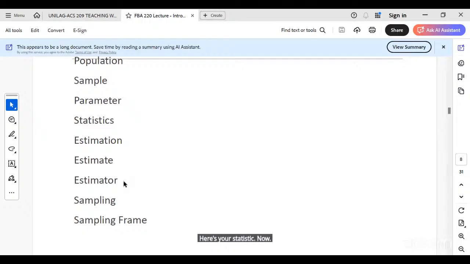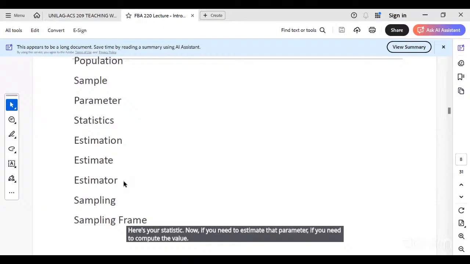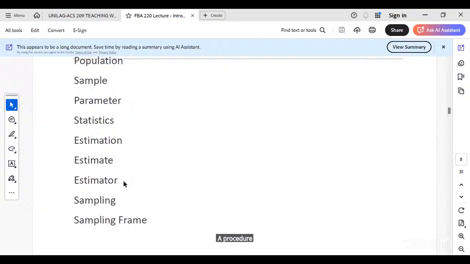Now, if you need to estimate that parameter, if you need to compute the value, the procedure that you go through in collecting data, analyzing it, putting it together, and arriving at a result is called estimation. The result that you arrived at is the estimate. The formula that you used, either a point or interval, is your estimator.